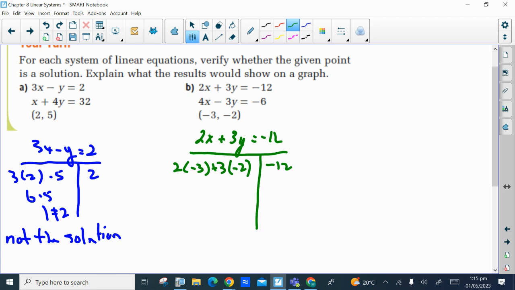So letting x equal negative 3 and y equal negative 2 in the first equation gives us negative 6 plus negative 6, which does equal negative 12. So that shows that that point does lie on the first line. But we also have to see that it is on the second line as well.